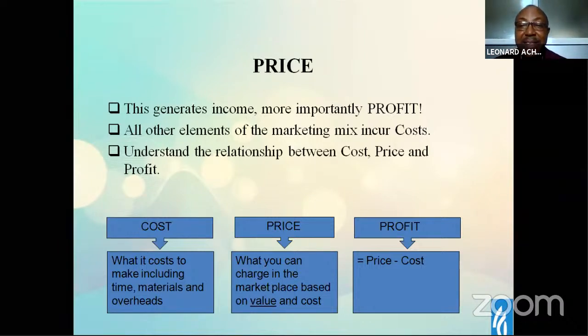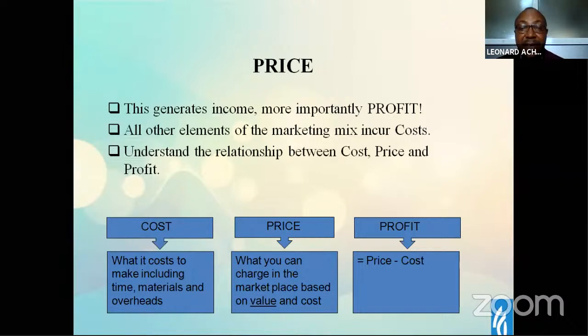It's only price that does not. And price shows the relationship between cost, price, and profit. With pricing, you'll be able to know the cost of production, how much you sell, and what profit you are making on your product.